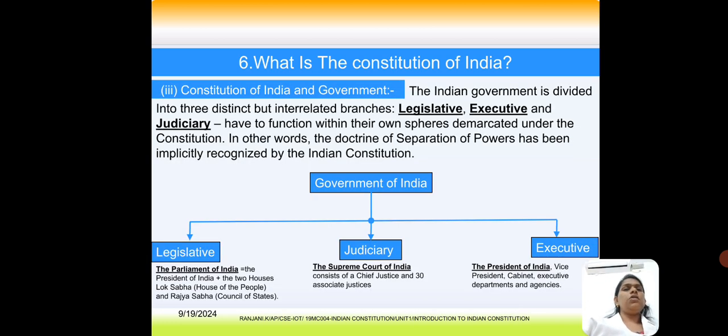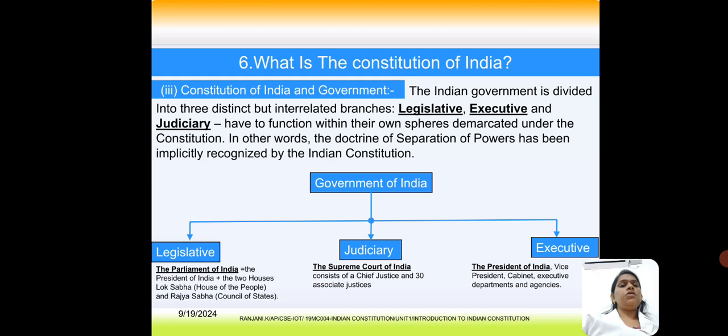Next is the Constitution of India and the government. The Indian government is divided into three branches, that is legislative, executive, and judiciary, each functioning in its own sphere under the Constitution. The legislative is the Parliament of India, plus the two houses, Lok Sabha and Rajya Sabha.